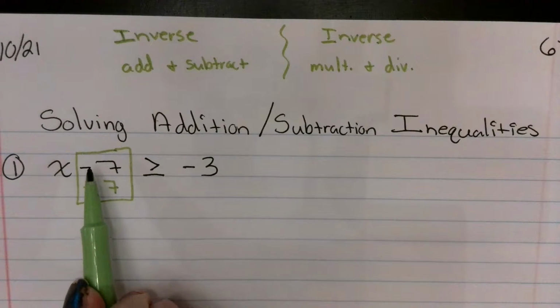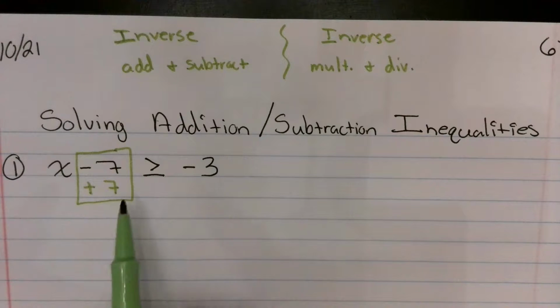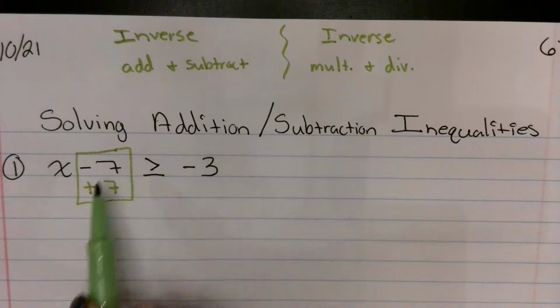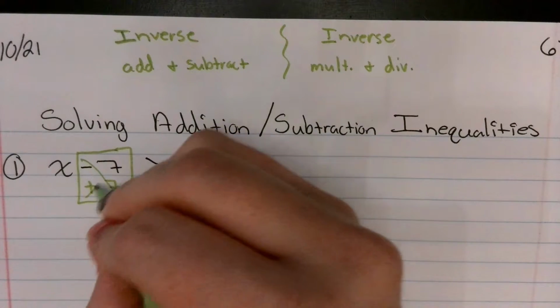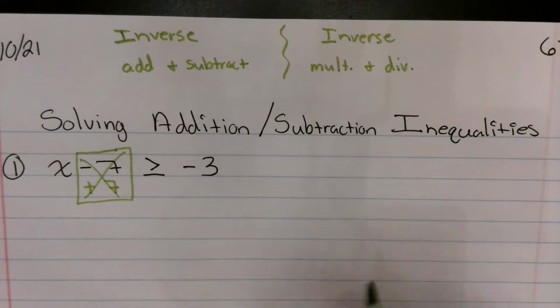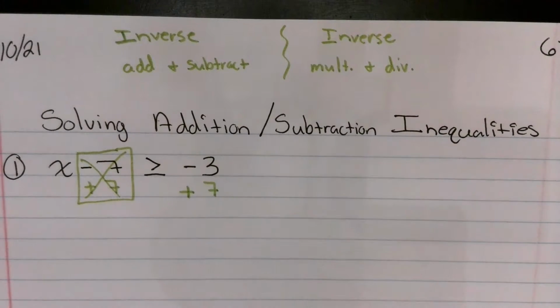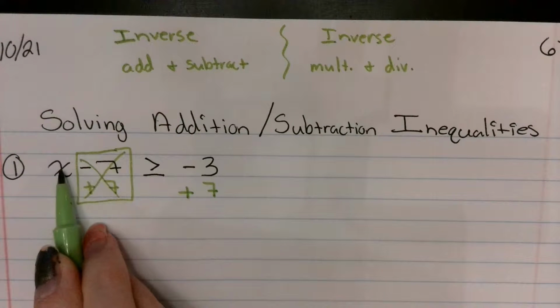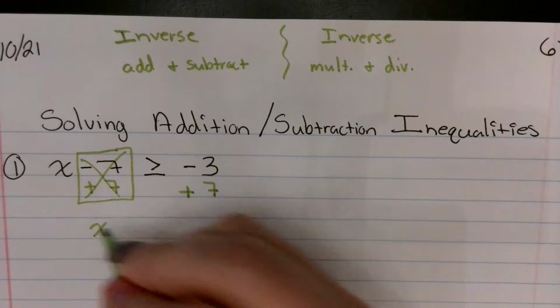So a negative 7 added with a positive 7, those are what we call zero pairs. They're going to cancel each other out, so we can cross them off. But don't forget, you have to add 7 to the other side. Once we've canceled this off, we're still left with x. X is now all by itself.